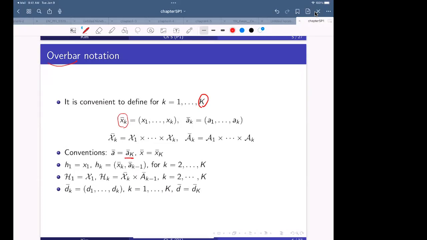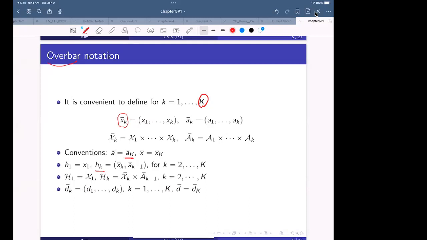So in terms of history, at time k, the history is all the auxiliary variables up to k, and all the options that were taken up to k minus 1.